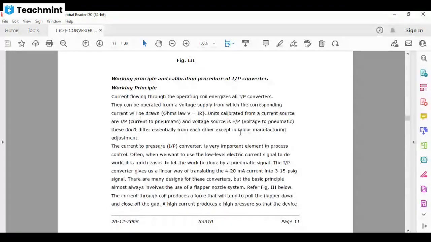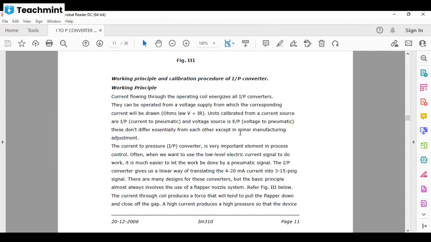So current flowing through the operating coil energizes it. All I to P converters can be operated from a voltage supply, from which a corresponding current will be drawn, in ohms, V equals IR, and the unit is calibrated from a current source.